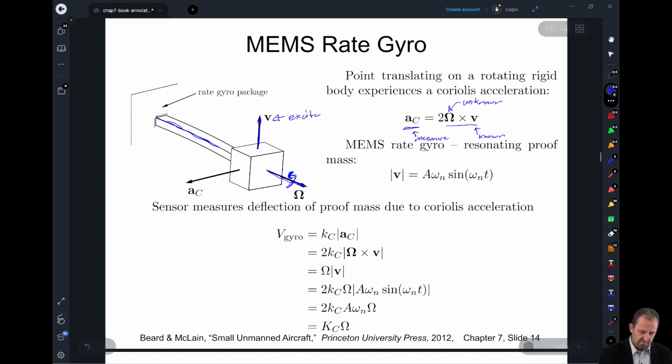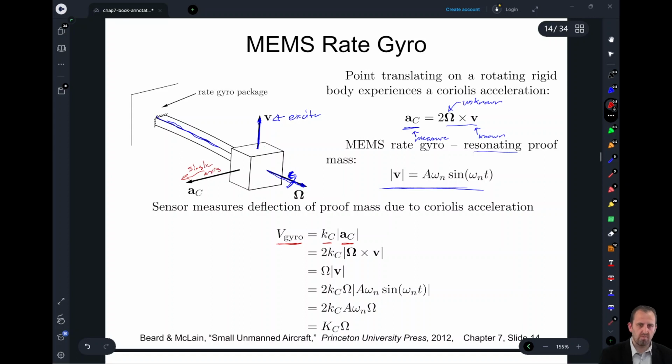We generate the movement of the gyro up and down according to some resonating frequency, and so we know how it's moving. And we come down here, and we're going to be measuring a voltage, which is going to be some constant times the magnitude of this acceleration. And again, this acceleration is just moving in a single axis.